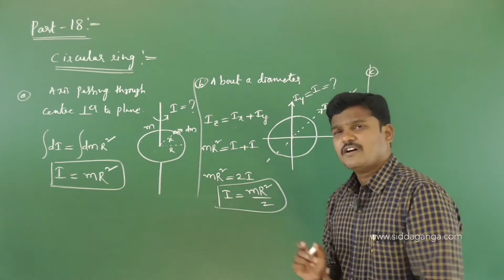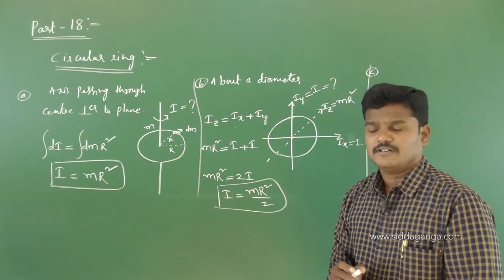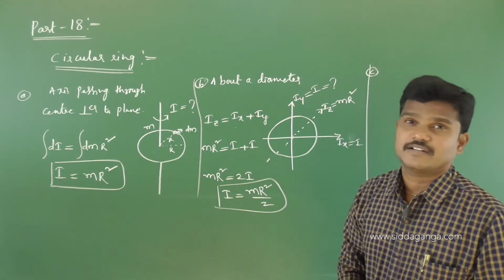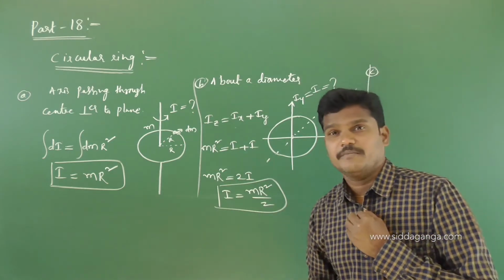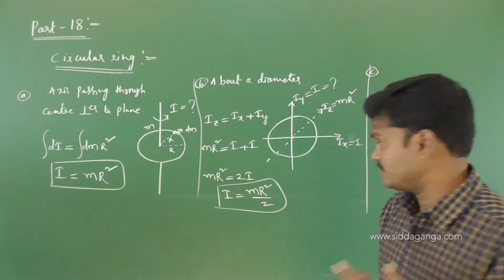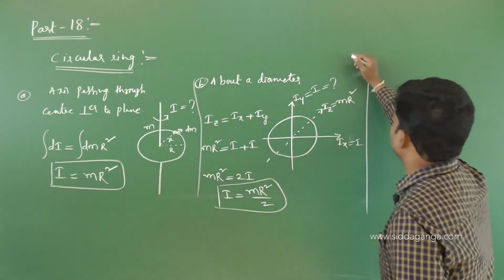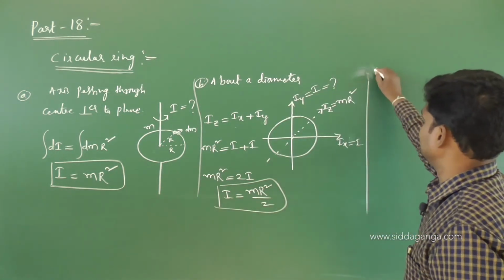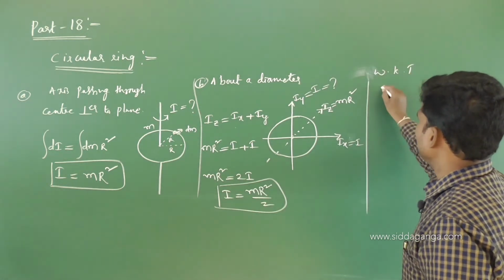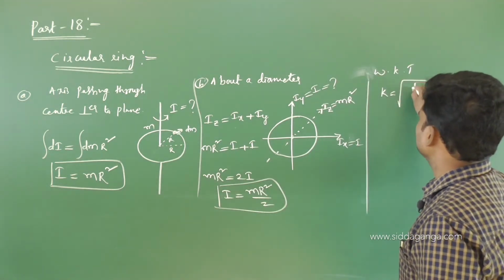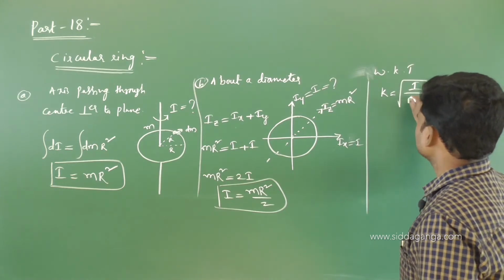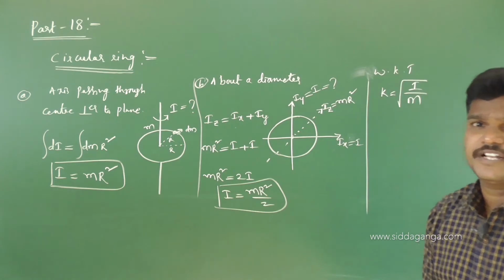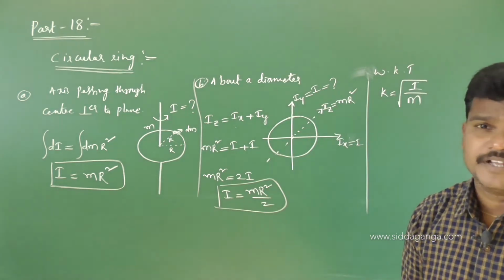And suppose they ask to find the radius of gyration about a diameter, how do we get it? We know that the radius of gyration k is equal to root of I by m.